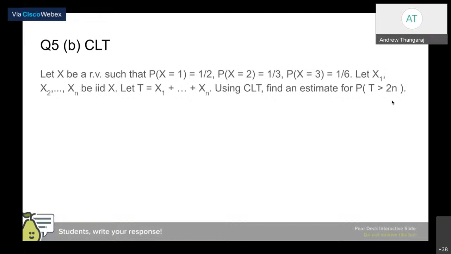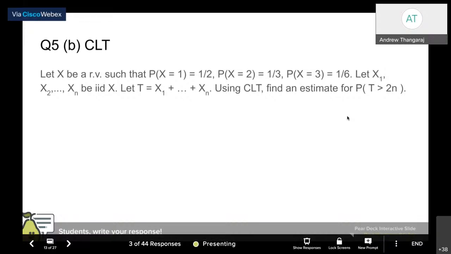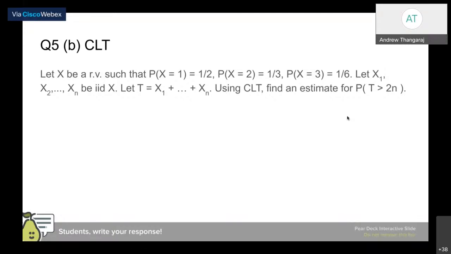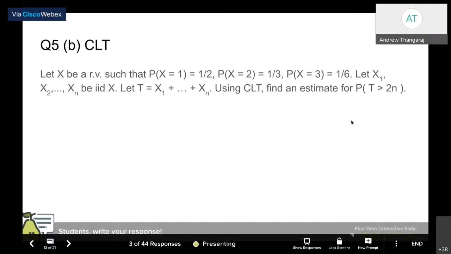I hope you see that. This is important. Okay, so I'm going to give you some time and get a sense of how you use the CLT to estimate these kinds of probabilities. This is a very, very, very important skill.